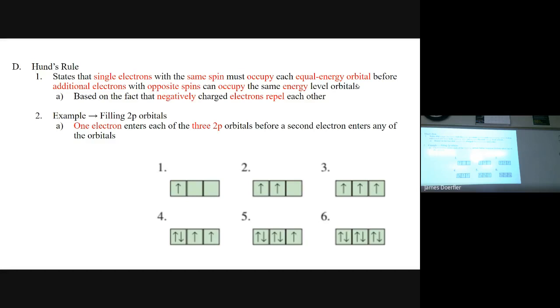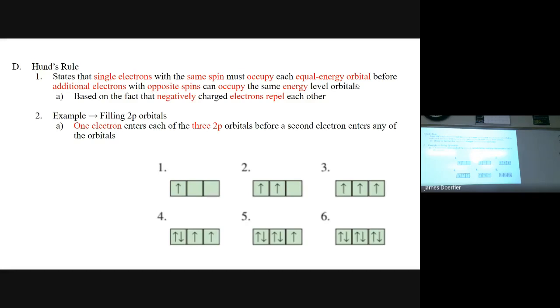And this is because negatively charged electrons repel each other. So if you have negatively charged electrons with opposite spins, they tend to repel less.